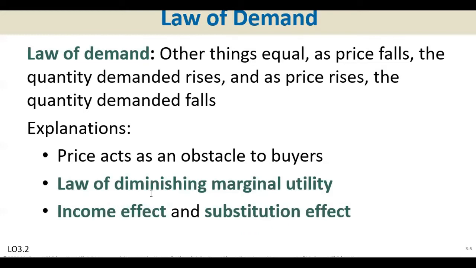The substitution effect is related to the fact that we have many substitutes on the market, right? If the price of one particular item falls, you will see that the quantity demanded of the other substitute, whose price is still the same, is going to fall also. Why? Because of, again, the limitation we have in our budget.